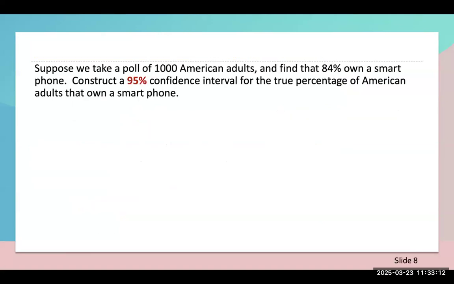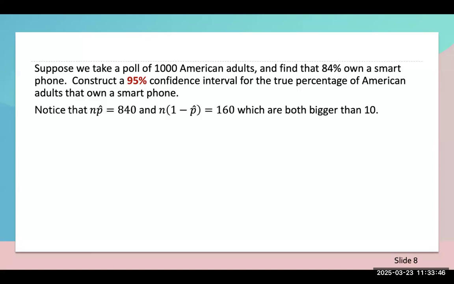Let's try a problem. Suppose we take a poll of 1,000 American adults and find that 84% of those 1,000 adults own a smartphone. Can you construct a 95% confidence interval for the true percentage of American adults that own a smartphone? So the first thing we're going to do is see if we have a sufficiently large sample.